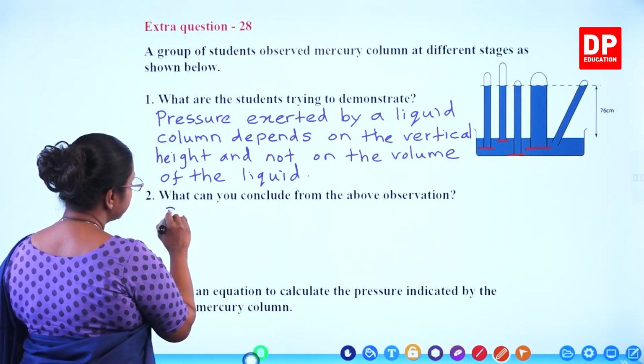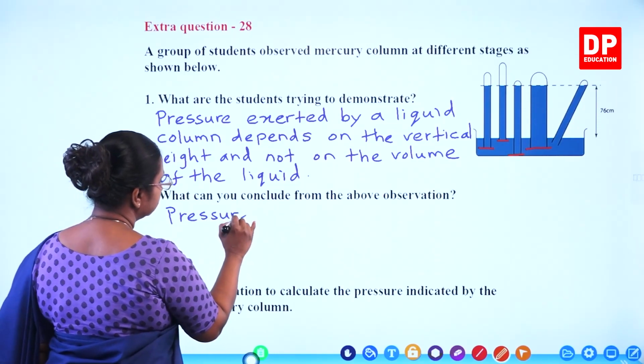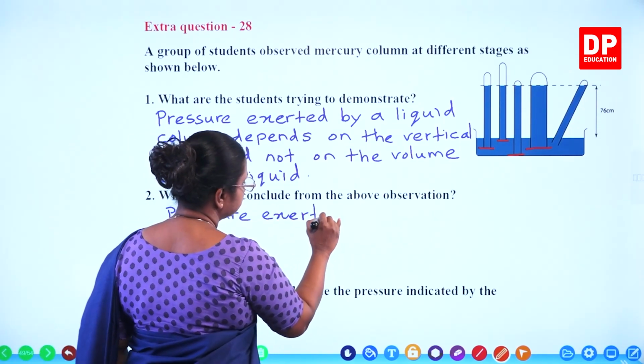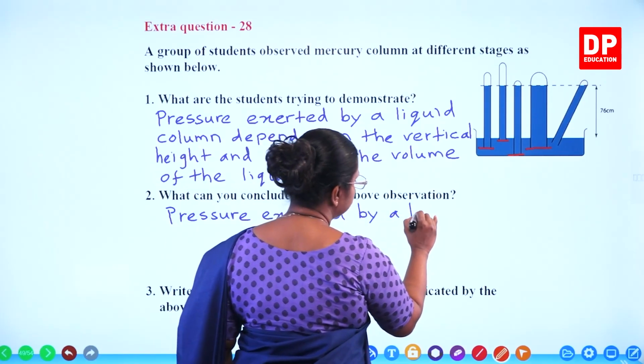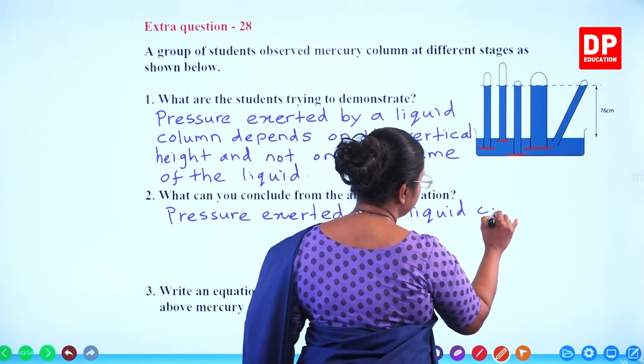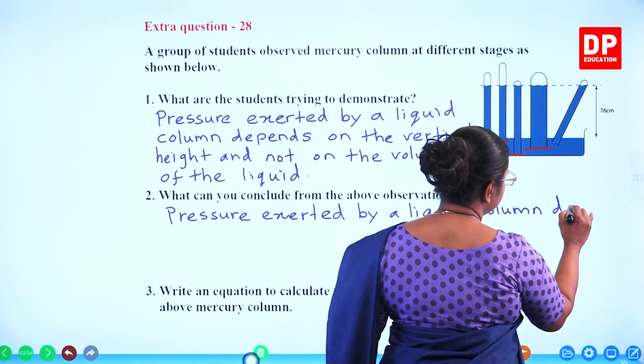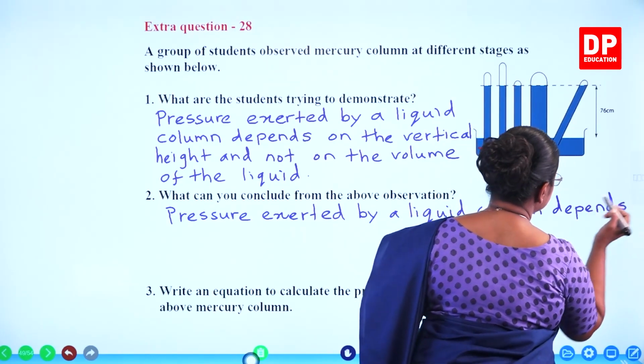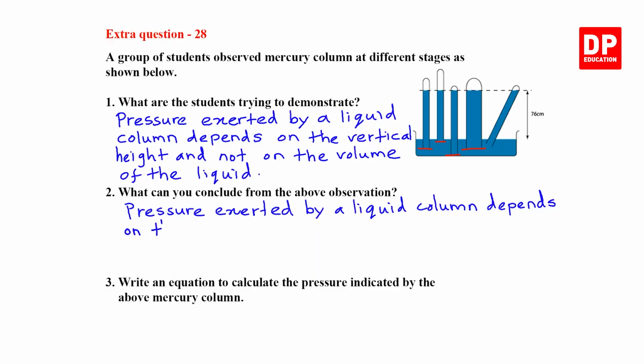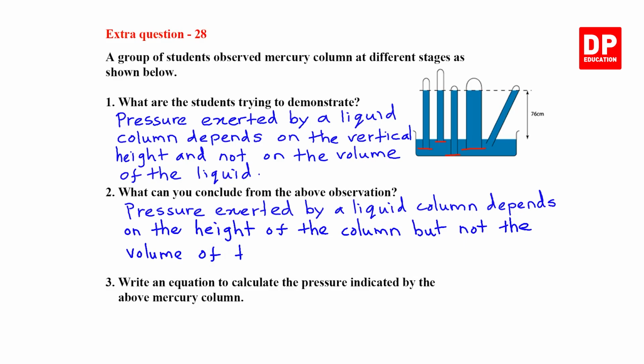So here pressure exerted by a liquid column depends on the height of the column but not the volume of the liquid.